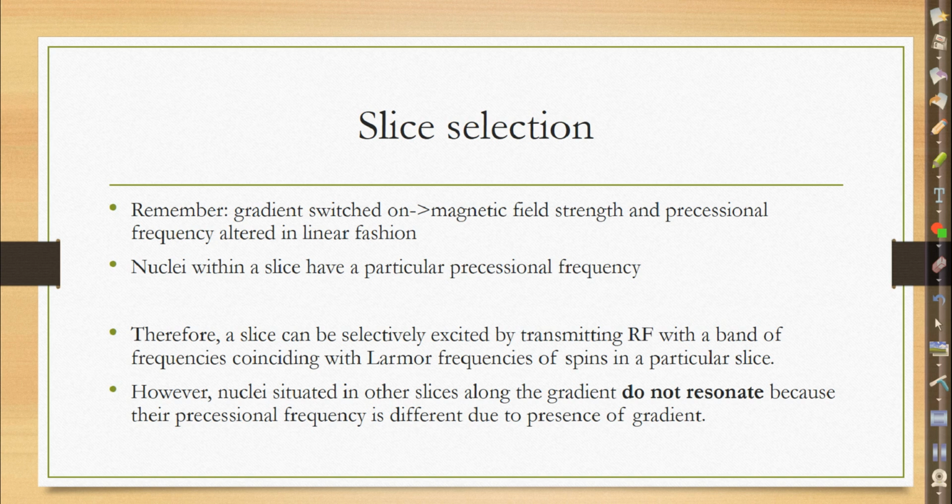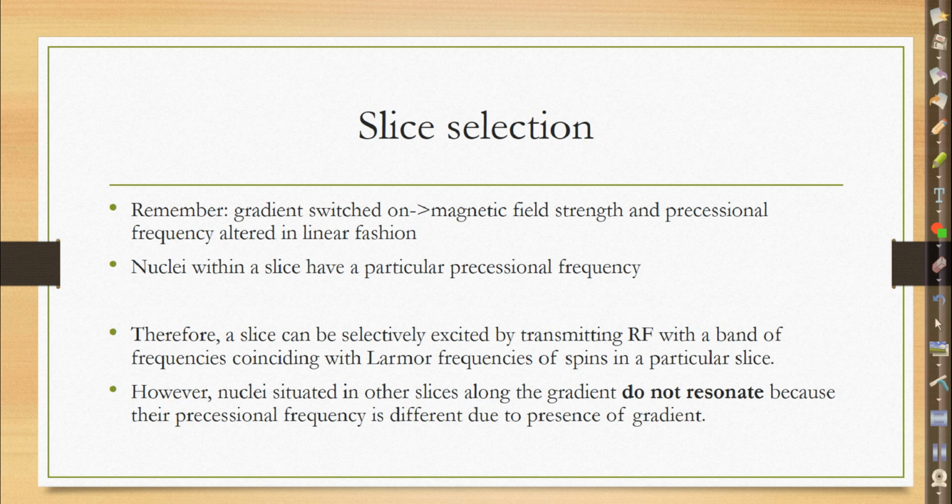We excite just the top of the brain slice, and then we ignore all the other spins within the brain. Because we just want to excite that particular slice. So this is just saying the gradient switched on. The magnetic field strength has now changed. So the precessional frequency, which is proportional, is also altered in a very linear or predictable fashion. Nuclei within the slice have that same precessional frequency.